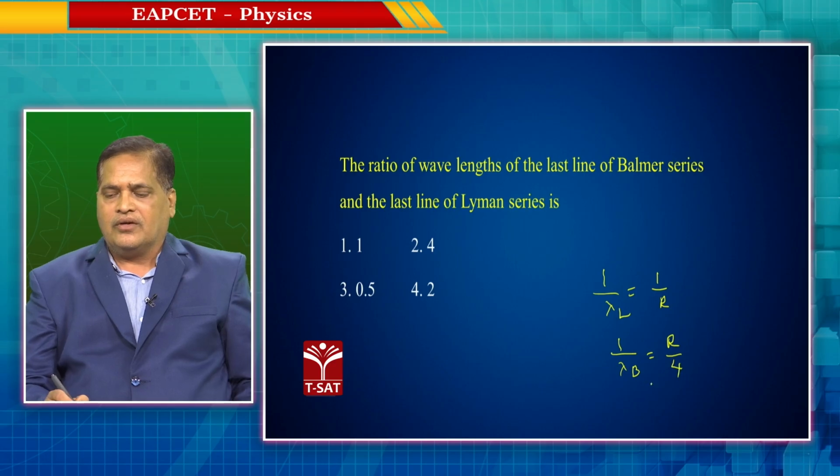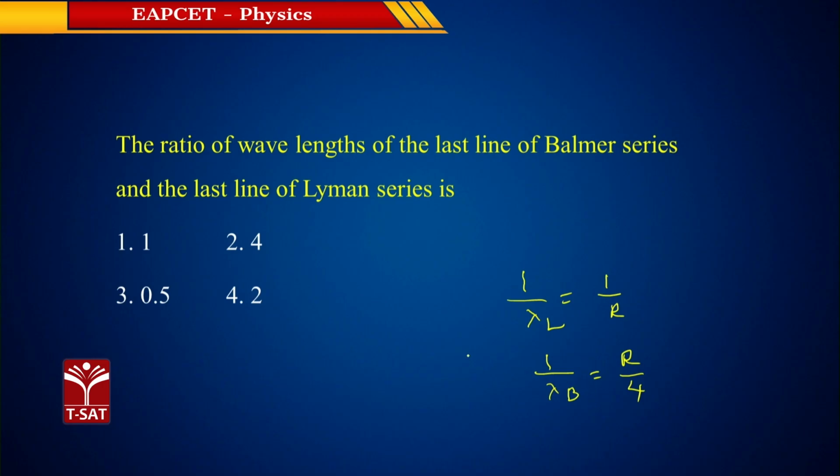Therefore lambda B by lambda L is 4 by R into R by 1. R gets cancelled, so lambda B by lambda L is 4.